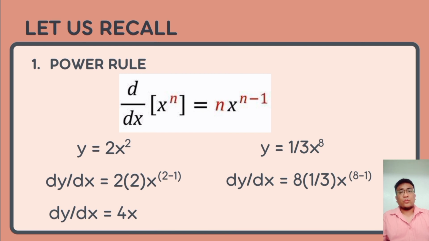So 8 minus 1. So dy over dx is equal to 8/3 of x raised to 7. Any questions? None? Okay, we will proceed.